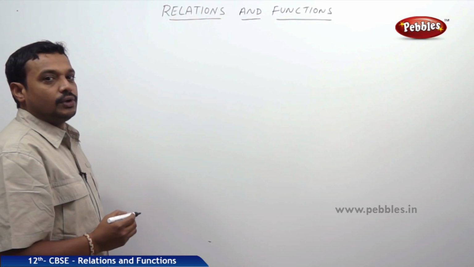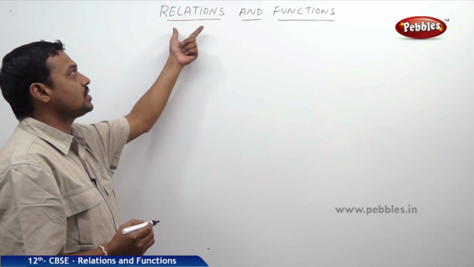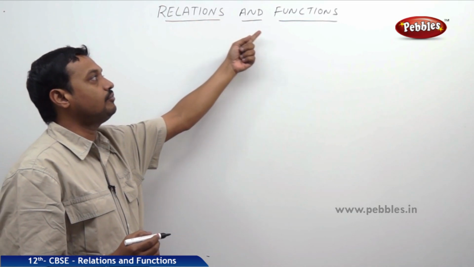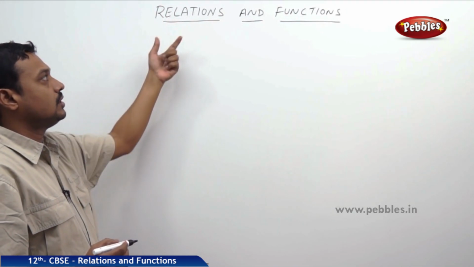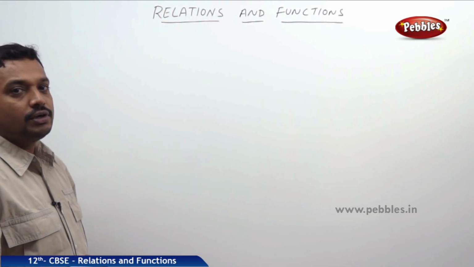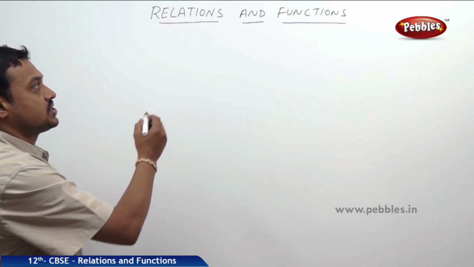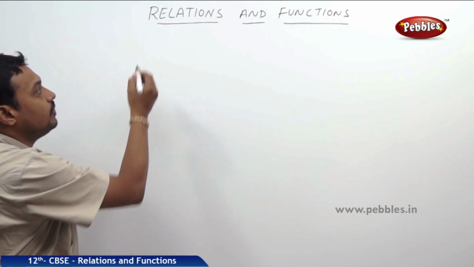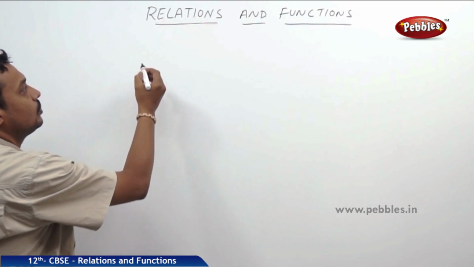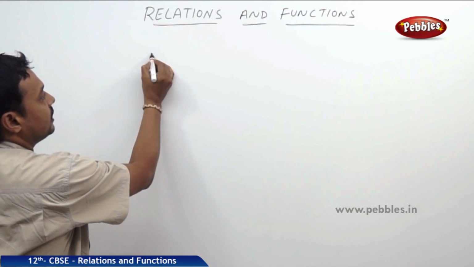Now we are going to learn about a new chapter, relations and functions. So this is the first chapter in 12th standard. Before this, we have to know two important definitions.